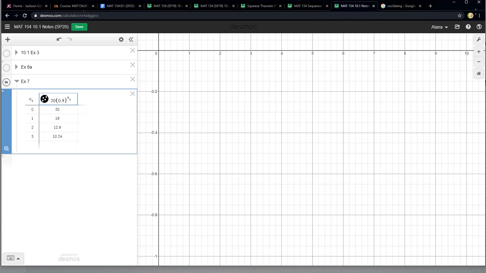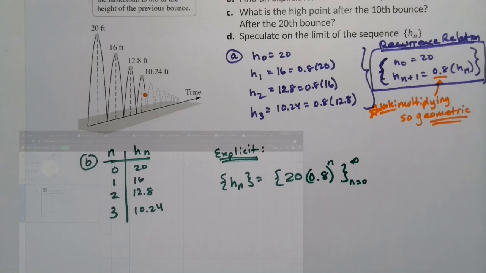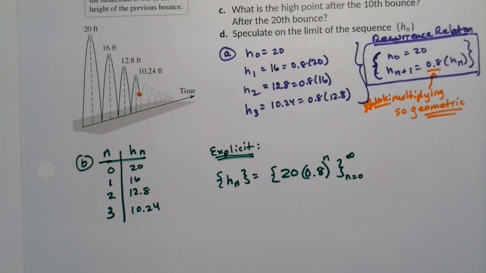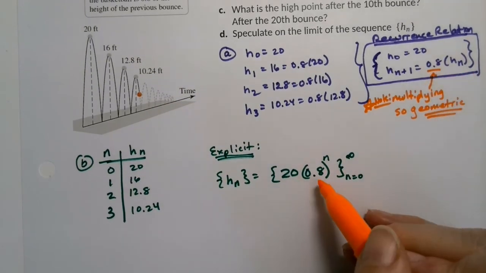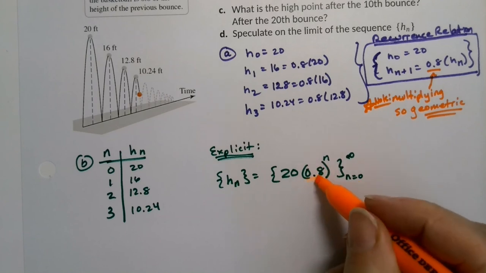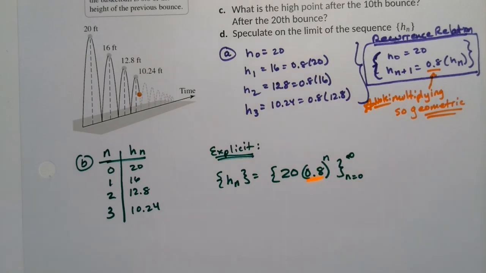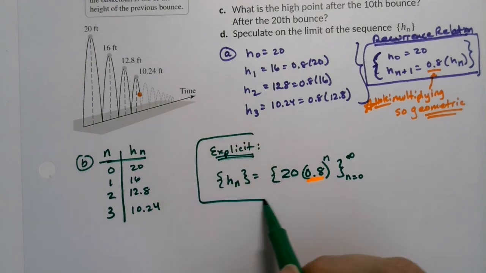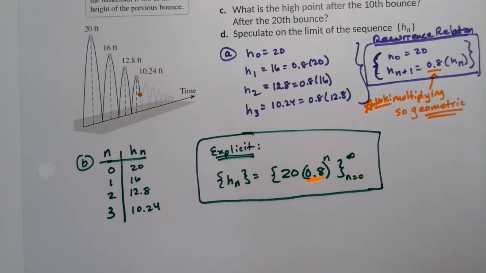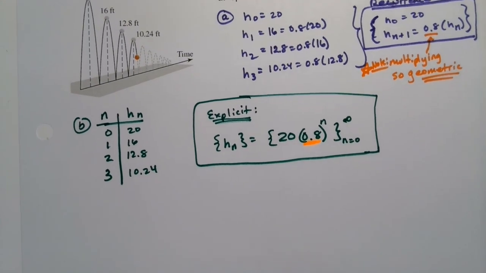I've checked myself in Desmos, and sure enough, that is the correct explicit formula. And that 0.8 that we see here is the same 0.8 we see here. Whatever you're multiplying by in your recurrence relation will be the base of your explicit formula. If you can tell it's geometric, then it works beautifully.